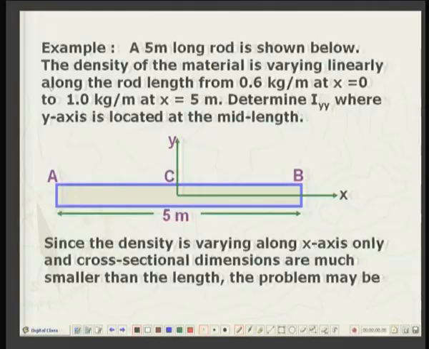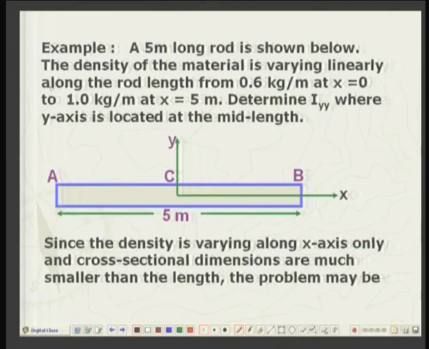Let us try to take up some simple examples to see how we can calculate the mass moment of inertia for various terms. Let me start with a simple one-dimensional example. That is, I am treating the body to be one-dimensional.